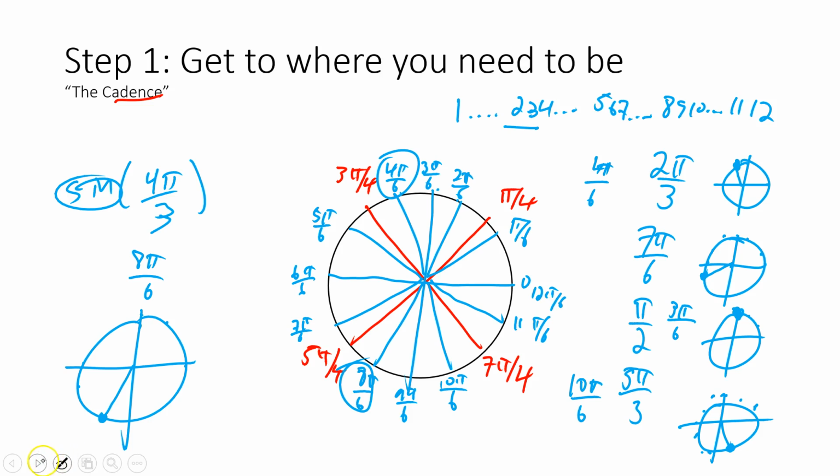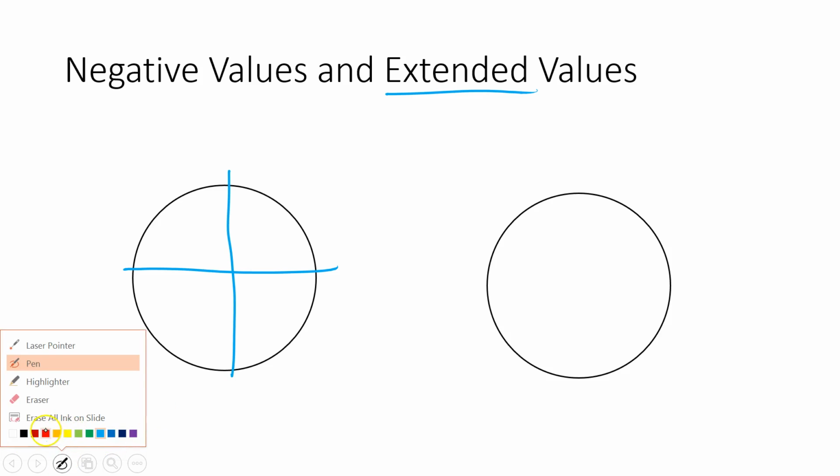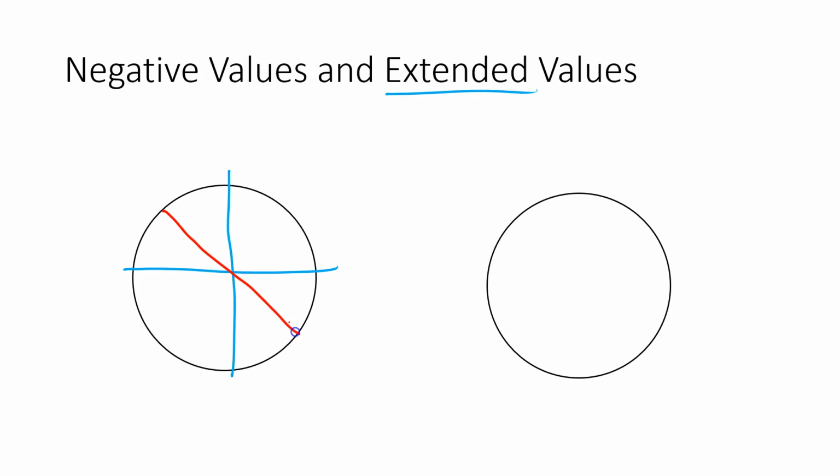Now there's one more little catch. If you have a negative value, or what I'm calling extended values, that means that you're either going in the opposite direction or you have to continue going around the circle. So for a negative value, really it's just as easy, and the same cadence will still work. We still have these red guys written in here. For example, if we had negative pi over 6, instead of going in the counterclockwise direction, which is positive, we're going to go in the clockwise direction, which is negative.